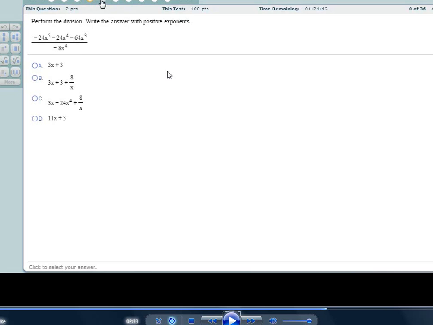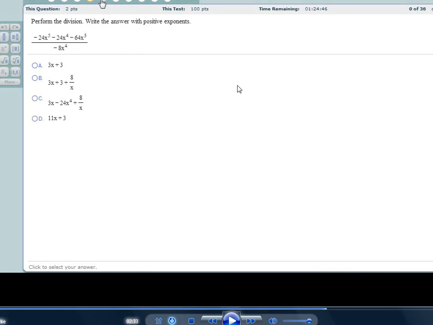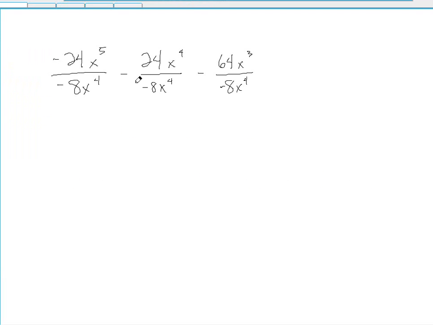And then it's subtract from that 64x to the 3rd. So let's simplify each of these 3 fractions separately to get to our final answer. And this is a multiple choice question. Yes, it is. Okay. All right, so one fraction at a time.